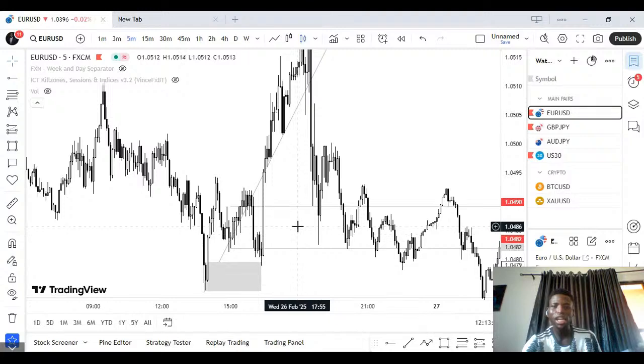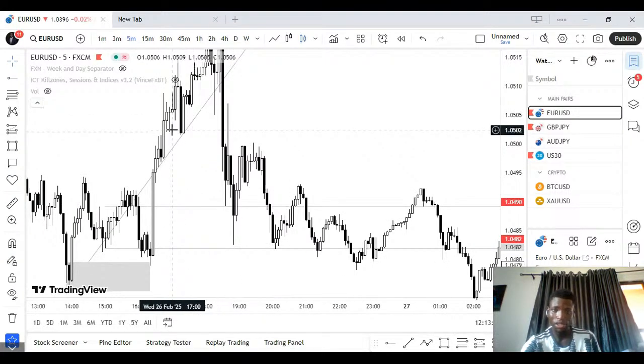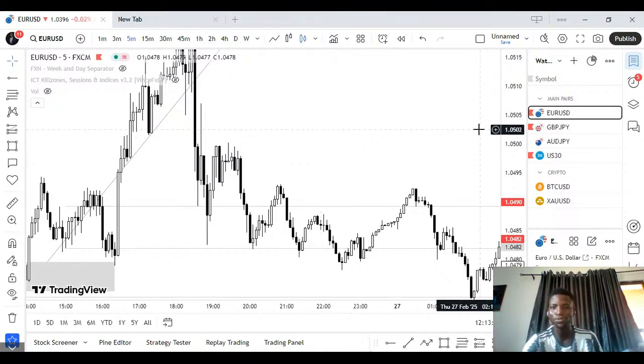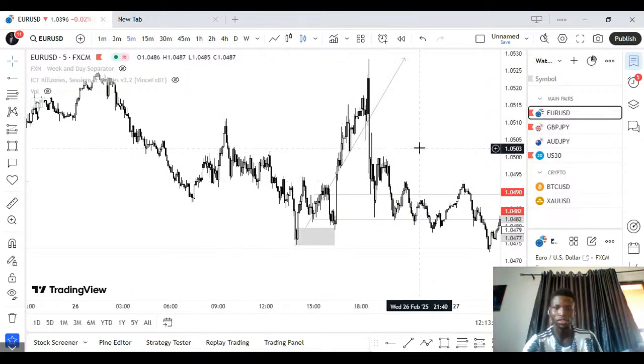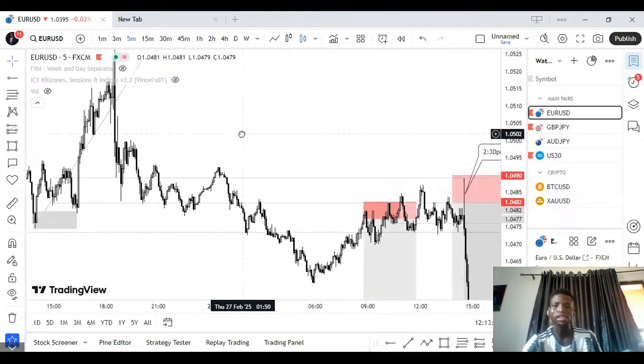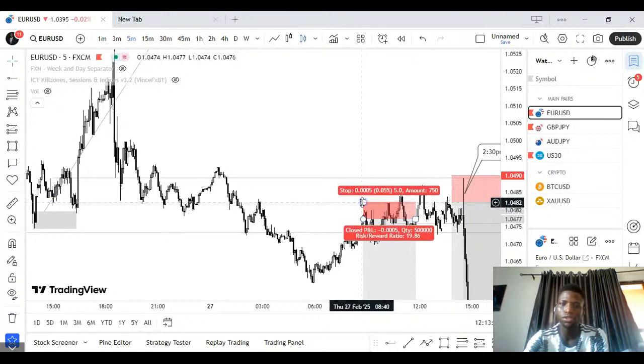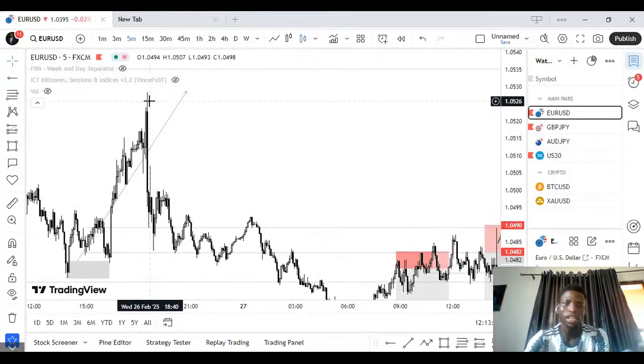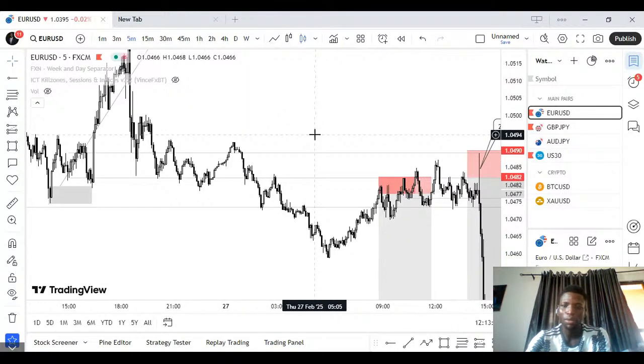If you miss that, you could have gotten into this one. That is if and only if you know how to follow price. And this takes proper skill. That's basically what I use for this continuation. So price has started the sell here. I didn't get in here, I didn't get in here. But if you know how to follow price, you could get in on this place.